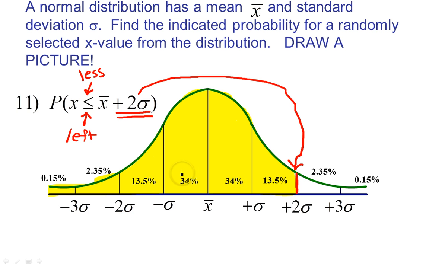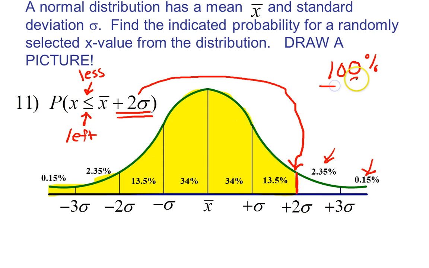I have lots of different choices in terms of how I want to calculate this. The long way would be to sit here and add up all of these numbers. 1, 2, 3, 4, 5, 6 numbers. I could add all these up, and that would give me the answer. Another way to think about it is I could start from 100%, that would be the whole thing, and just subtract these two, the only unshaded part.